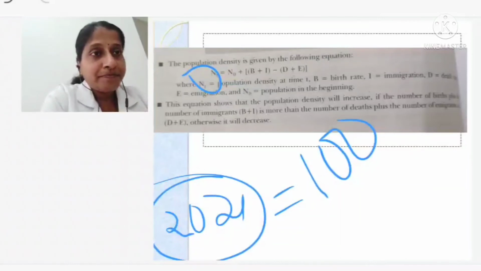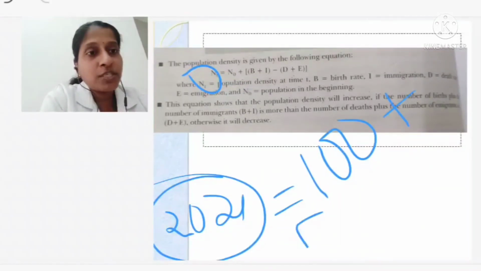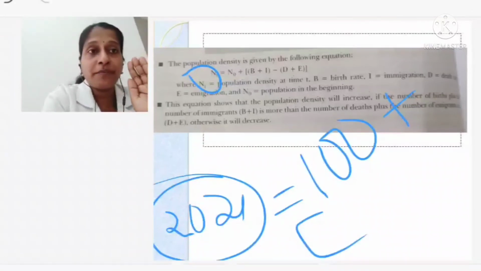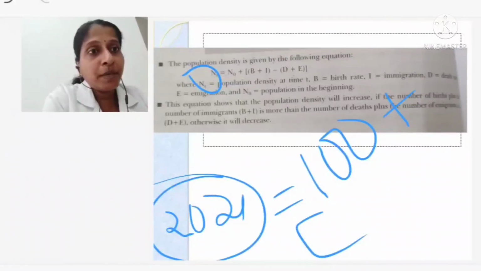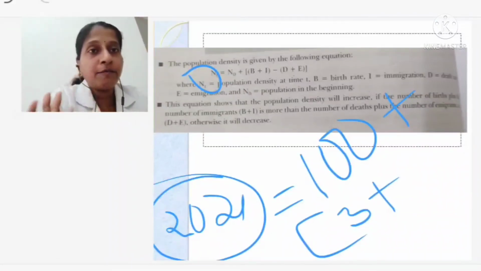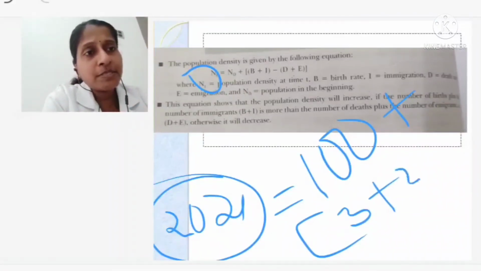So 100 was there, plus what I have to see. Number of births, maybe in that Patripala there are 3 newborns. Immigration from some other country, from Dubai and all, they have left and come and have settled here. So like that I am seeing there are 2.